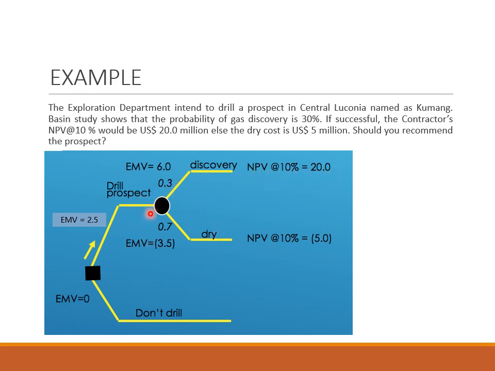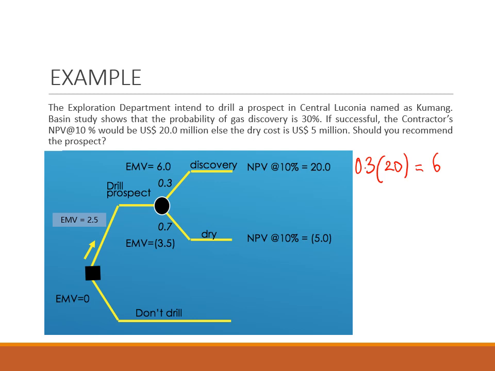So that means that there's a 70% chance of failure to find a dry well, and your NPV would be minus 5 million. So you calculate the EMV for the top branch. The EMV for the top branch would be 30% chance times 20 million equals 6 million. So that's the first EMV.